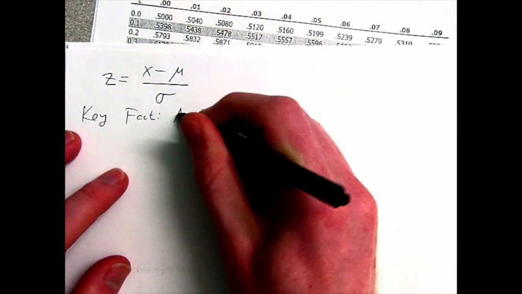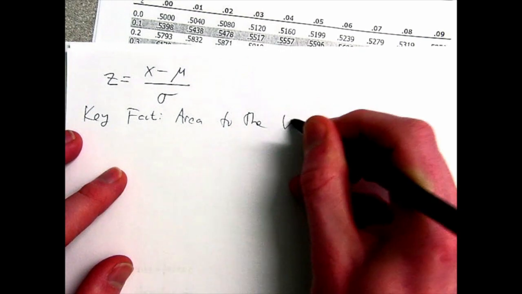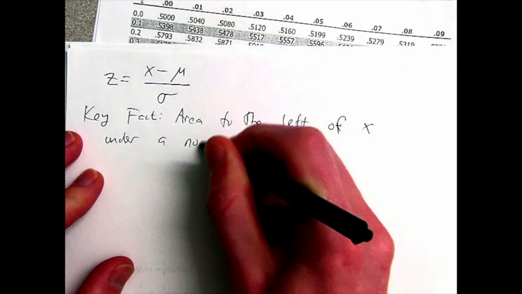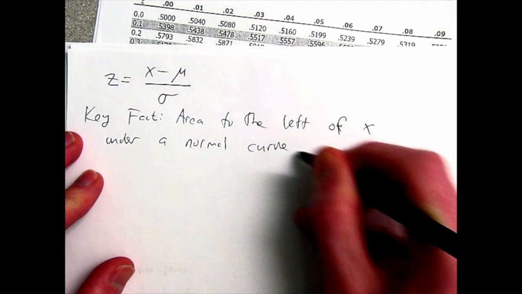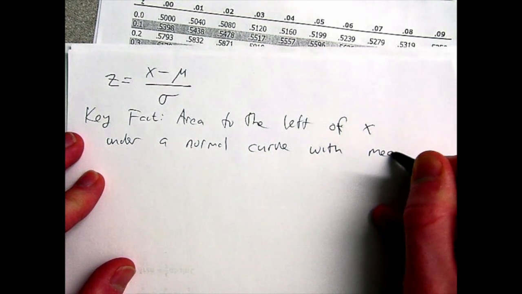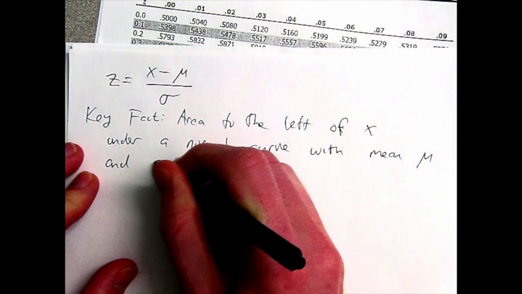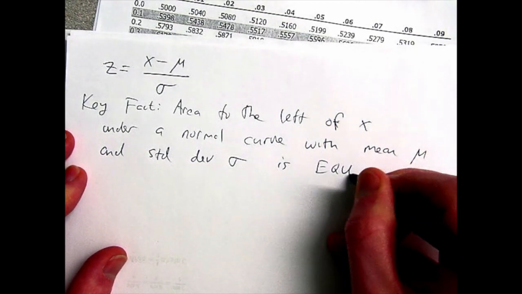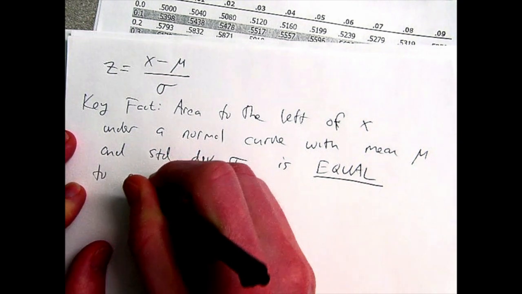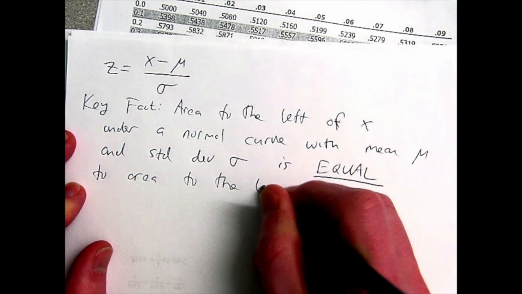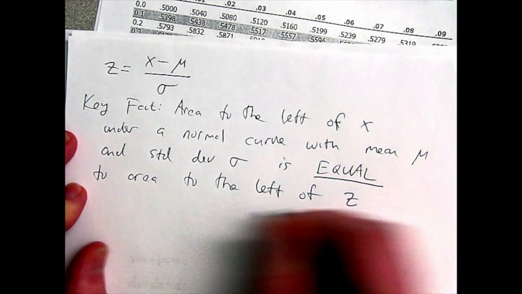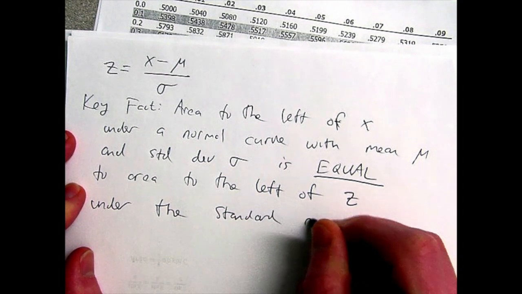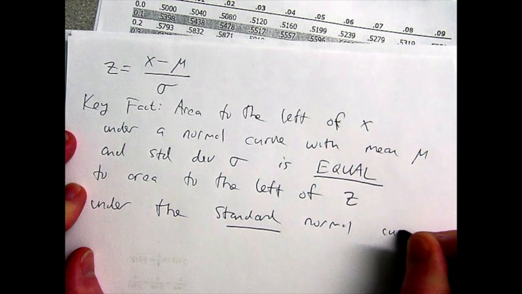So here's the key fact. The area to the left of x under a normal curve with mean mu and standard deviation sigma is equal to the area to the left of z under the standard normal curve.